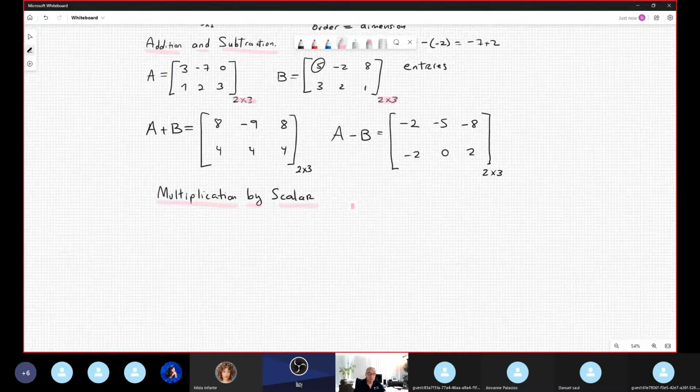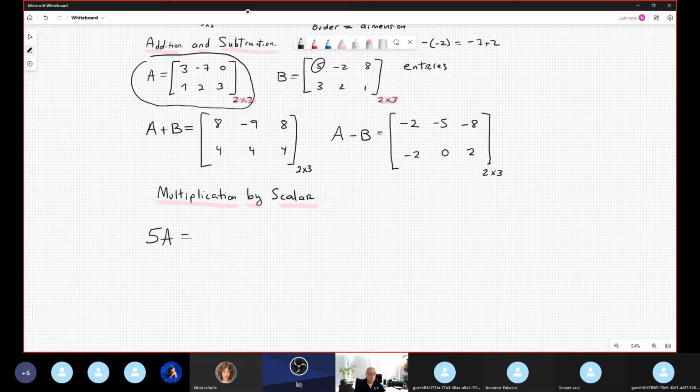Suppose that I want to find 5A. A is the same matrix as at the beginning. Multiply this matrix by 5. This is equivalent to multiplying any entry inside by 5: 15, negative 35, 0, 5, 10, and 15. Clear?